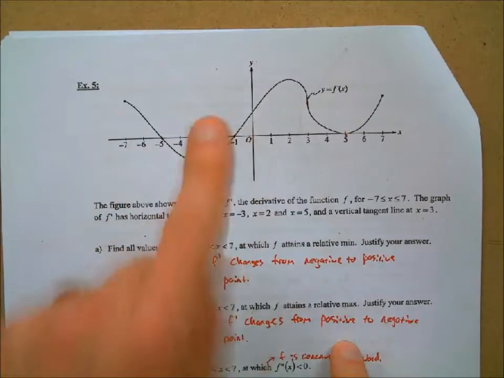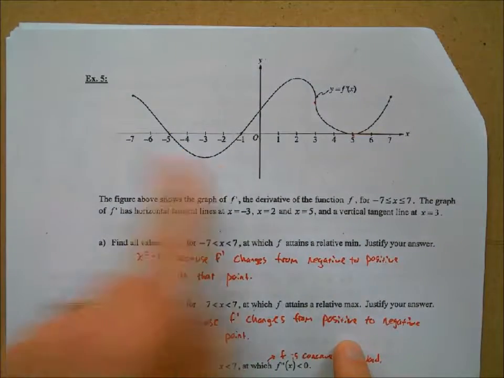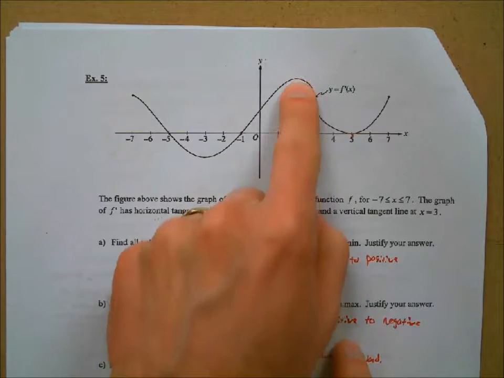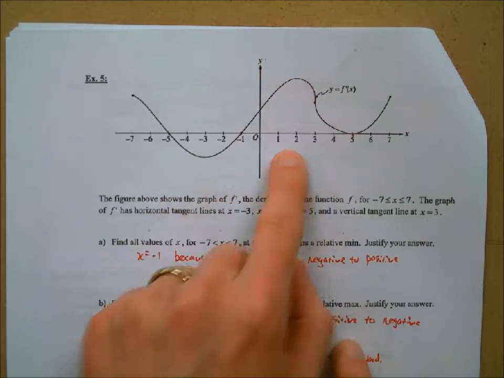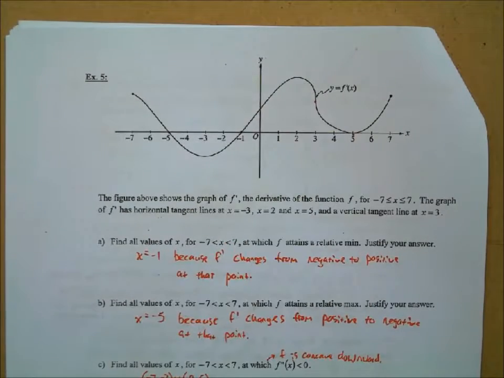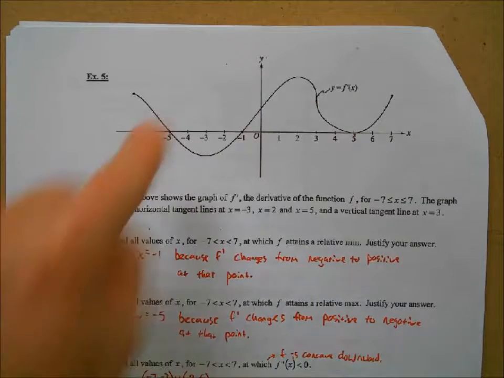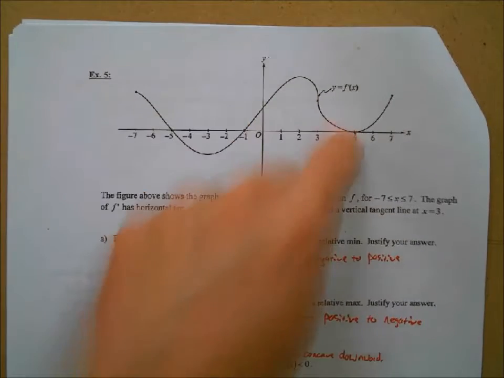The derivative of this, f prime prime, will have critical points at negative 3, 2, and 5 because that's where we have a horizontal tangent, and at 3 because you're going to have the vertical tangent. But in this situation that we're talking about right now for absolute extrema, the critical points are where this graph will be 0 or the endpoints of the interval there.